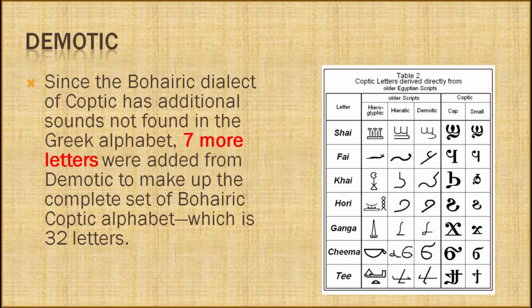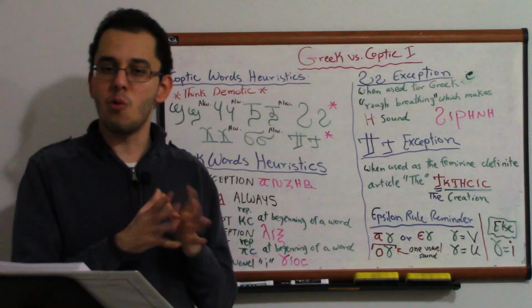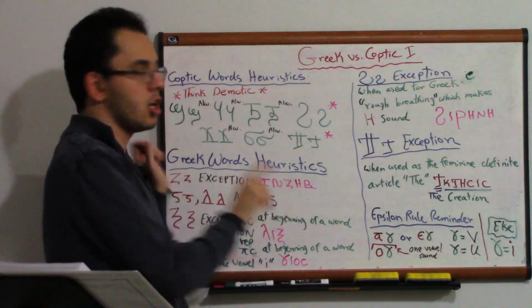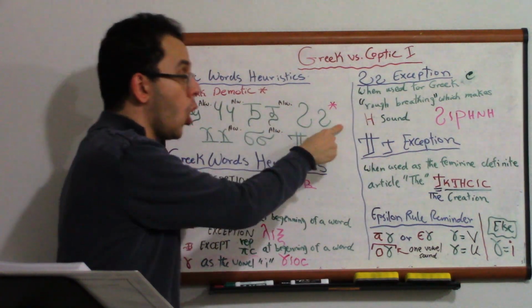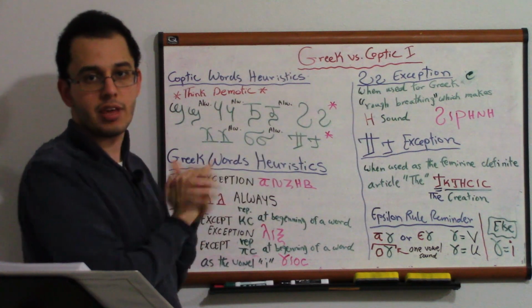Those 7 letters are only specific to Coptic words because they make sounds that are not available in the Greek language. So you could guess a word would be of Coptic origin if it has any of those last 7 Demotic letters: Shai, Fai, Khai, Hori was an exception, Janja, Shima, Ti was an exception.